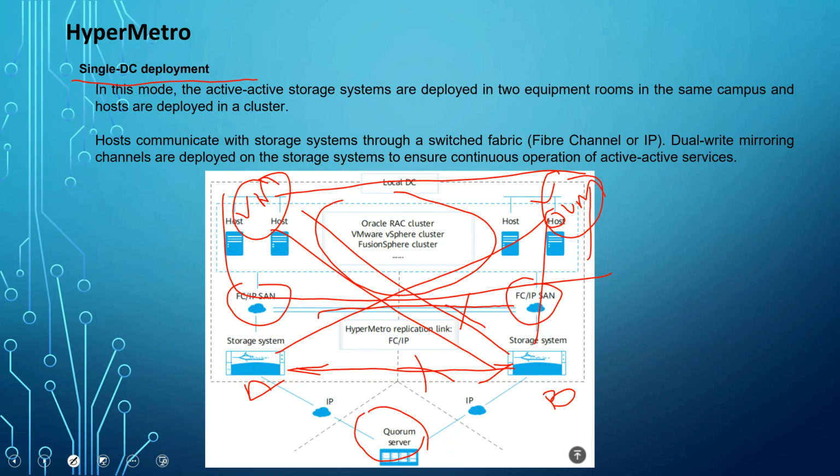In that case, the quorum server will decide which storage will be active and which storage will not participate as active storage. This quorum service is mandatory, or you can use static priority. We will learn in the coming slides what static priority is. But right now you need a quorum server. That quorum server decides which storage must be active in case of replication link failure.